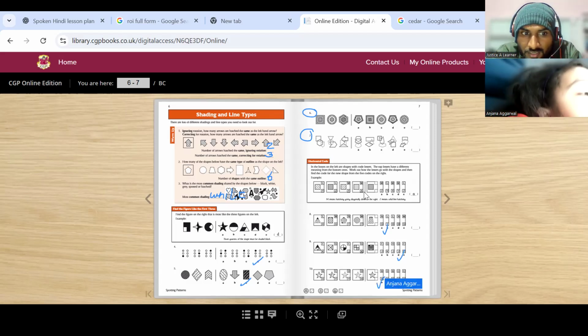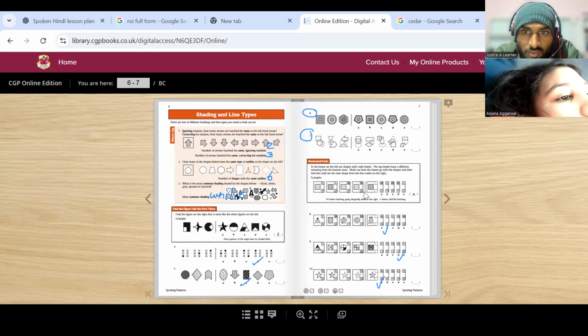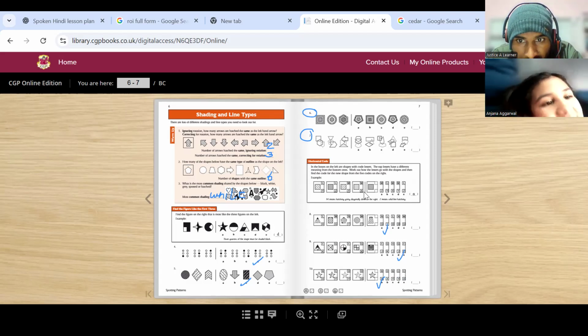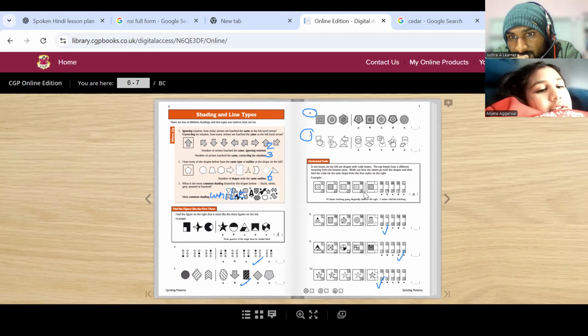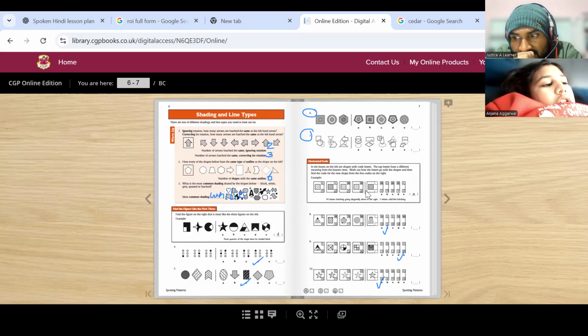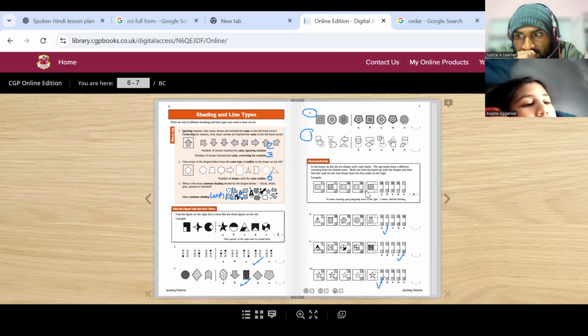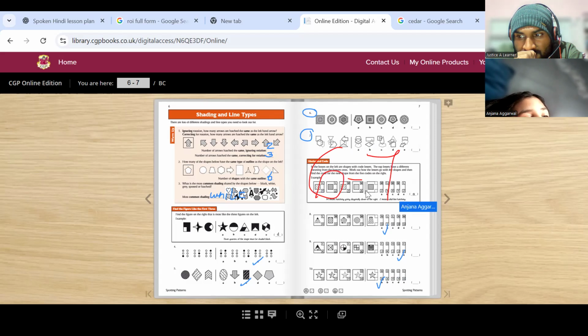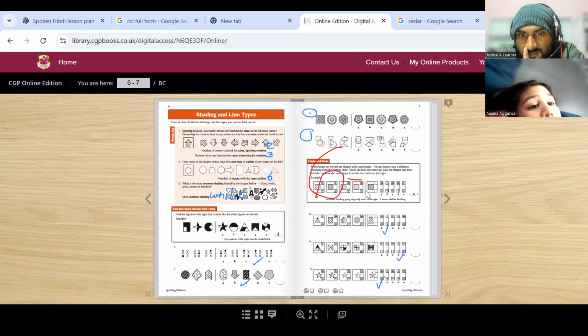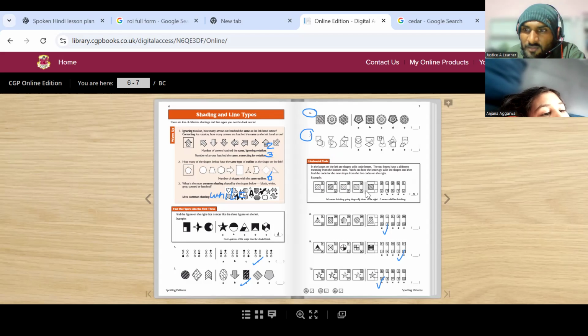Okay. So let us observe questions 6 and 7 only. I did one sheet so quickly. Question number 6. Let me just zoom in.